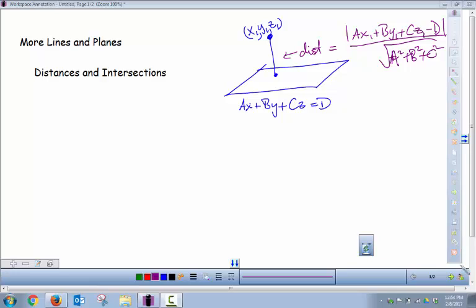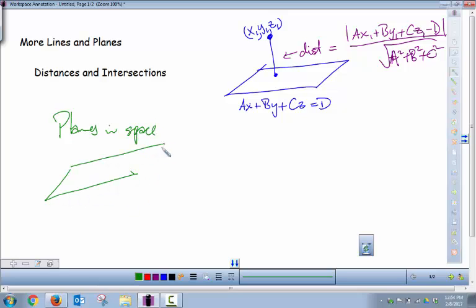So two possibilities for planes in space. One is that they're parallel, and we'll not consider the possibility that they're exactly the same plane.